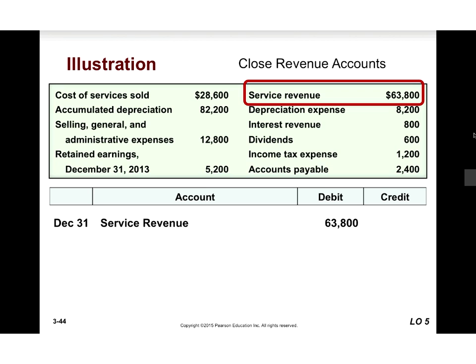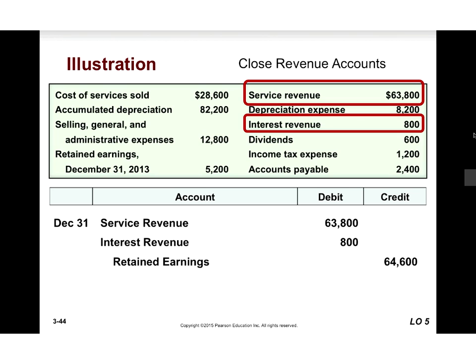I'm just taking the balance there. I'm also going to look, there's another revenue account: interest revenue. So I'm going to debit that. There are no more revenues up there. I'm going to add those two numbers together, because revenues, expenses, and dividends all get closed to retained earnings. Every single closing entry you have, retained earnings will be in it. So you close any revenue accounts you have, add them up, and your credit is going to be to retained earnings.